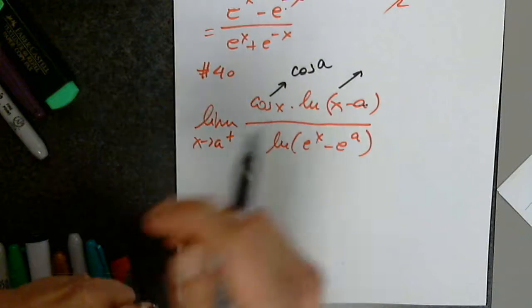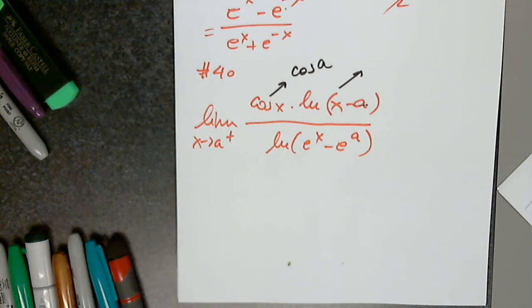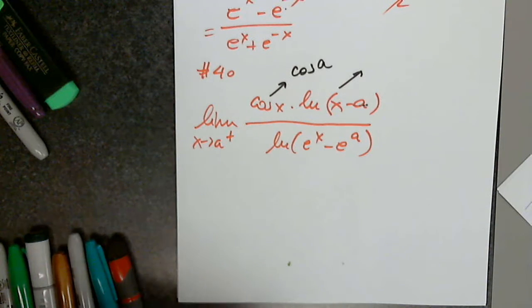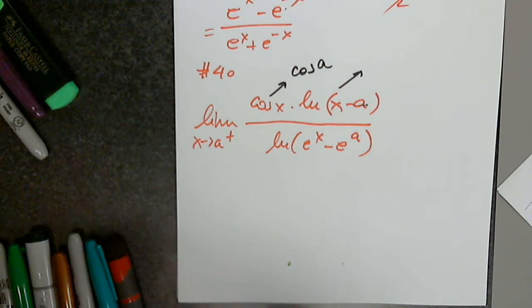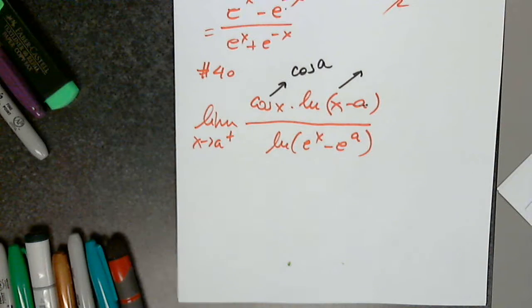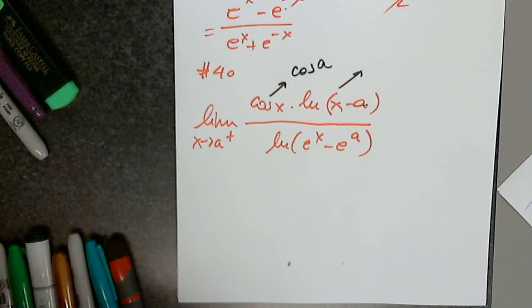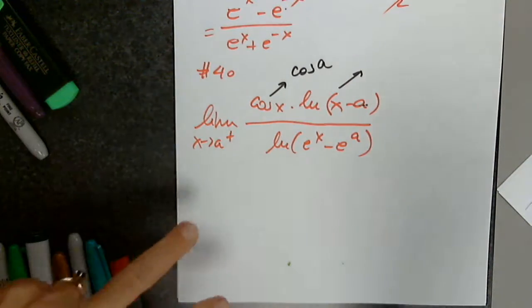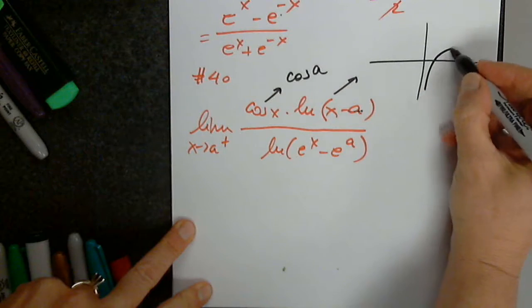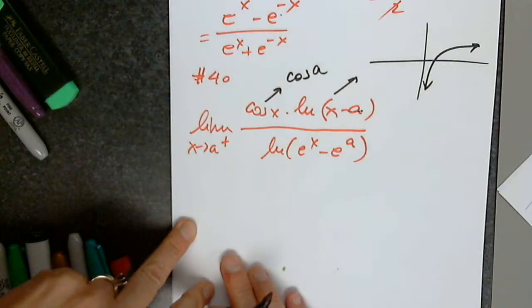Where does this go? So I have to plug in, because I don't know what to do. I don't know if I need to do anything. What does it approach? You have to remember how to graph natural log. This is the graph of natural log.